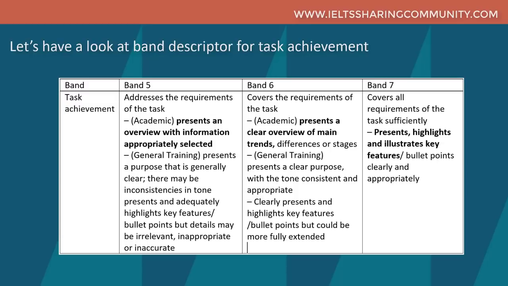In Band 5, it says you have an overview with information appropriately selected. You may get Band 4 or 5 if your report does not include an overview or you haven't talked about the most important things. In doing so, you have to practice as much as you can so that when you take the actual test, you can be efficient.